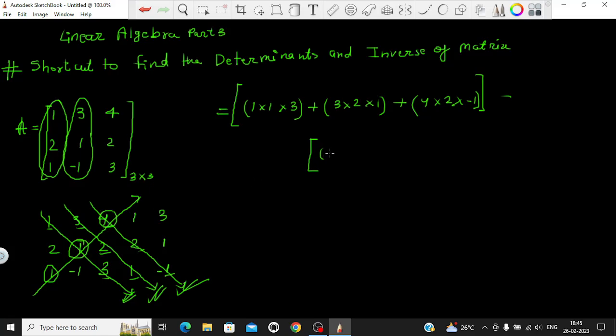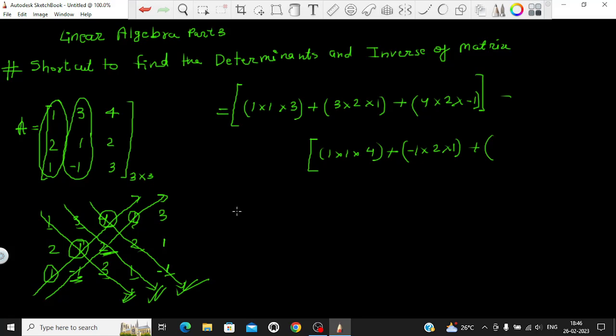So just multiply once again 1 into 4, then plus sign, then multiply the elements on this arrow, so this -1, 2 and 1: -1 into 2 into 1, close the bracket, then plus sign again.